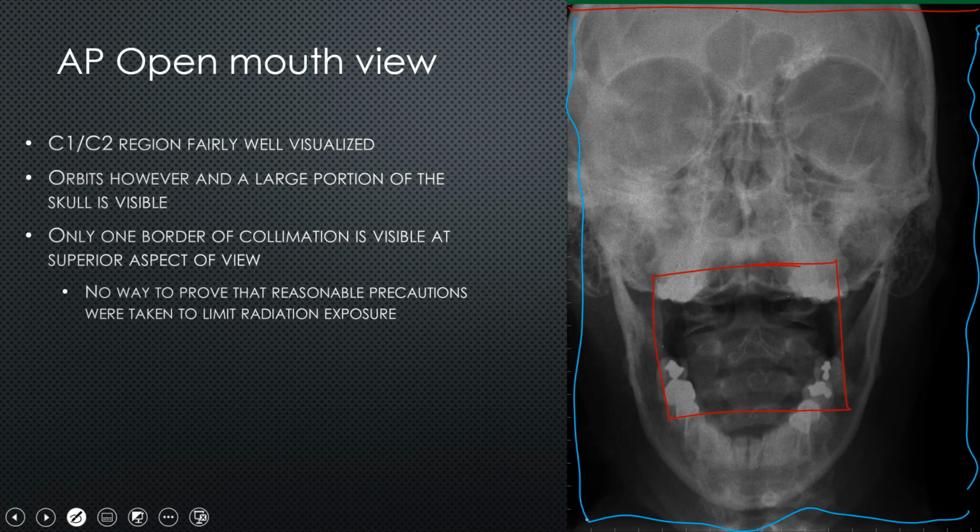So without that, there's no way to prove that precautions were taken to limit radiation dose. And as you can see, this patient was just blasted with radiation right into their eyes, unfortunately. Not to say that they're going to go blind or anything right away, but you want to make sure you limit that as best as you can.